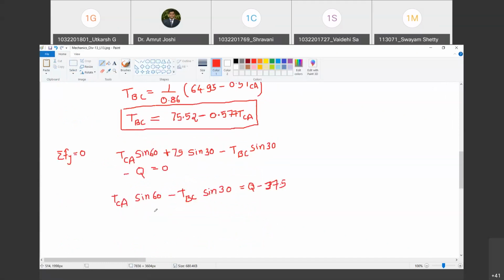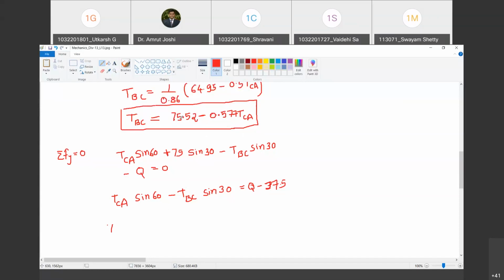Now I have this relation for TBC, so can I replace TBC by this equation? If I replace TBC by this expression, TBC equals 75.52 minus 0.577 TCA. Are you with me?